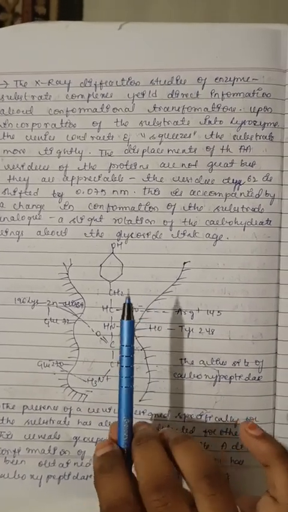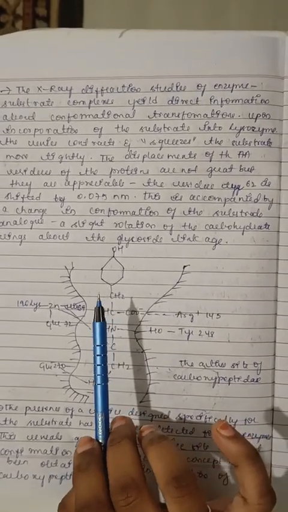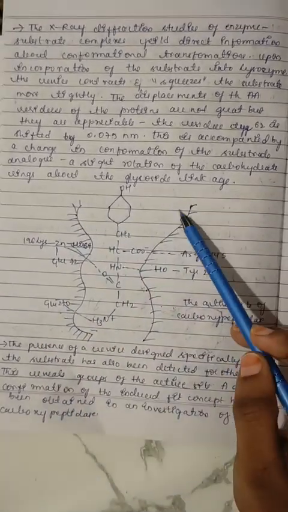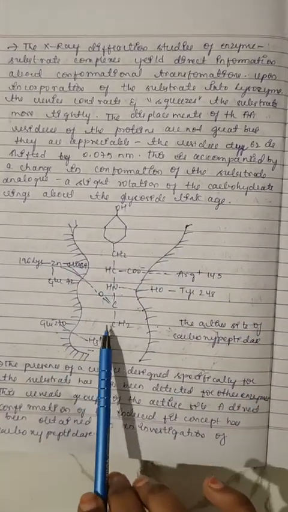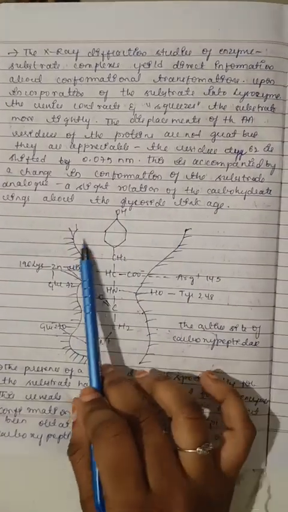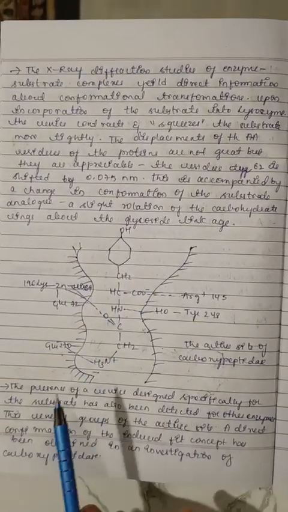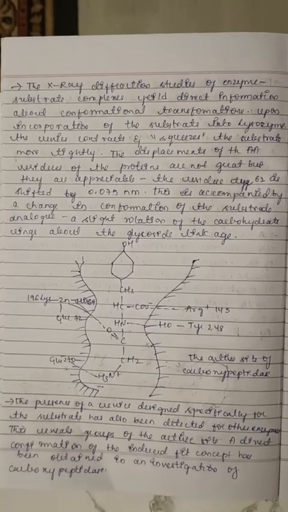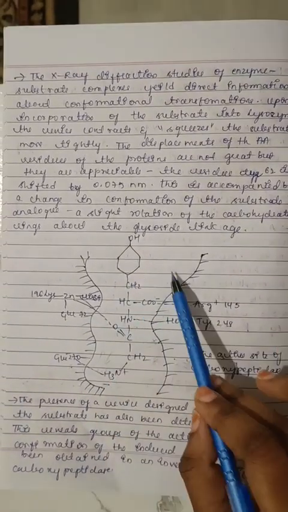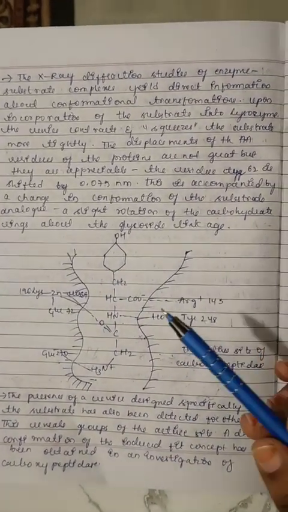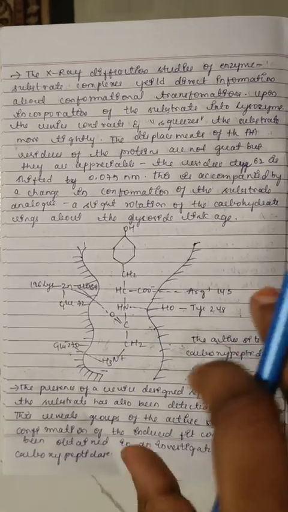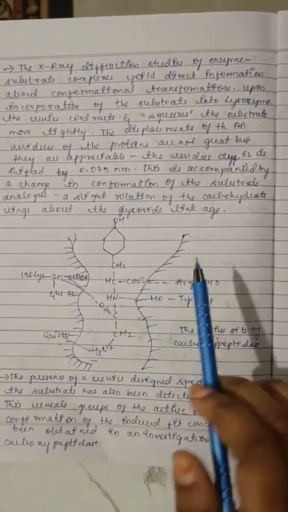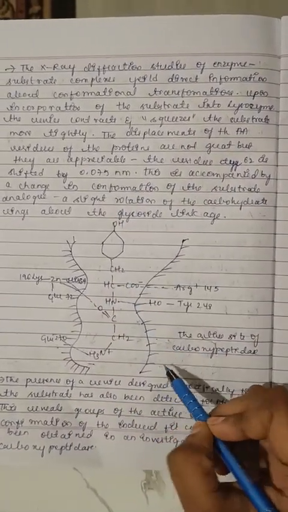This is accompanied by a change in conformation of the substrate analog, a slight rotation of the carbohydrate rings about the glycosidic linkage, and in this we can observe the active site of carboxypeptidase. The presence of a crevice designed specifically for this substrate has also been detected for other enzymes, and this reveals a group of the active site. A direct confirmation of the induced fit concept has been obtained in an investigation of carboxypeptidase. Thank you, ma'am.